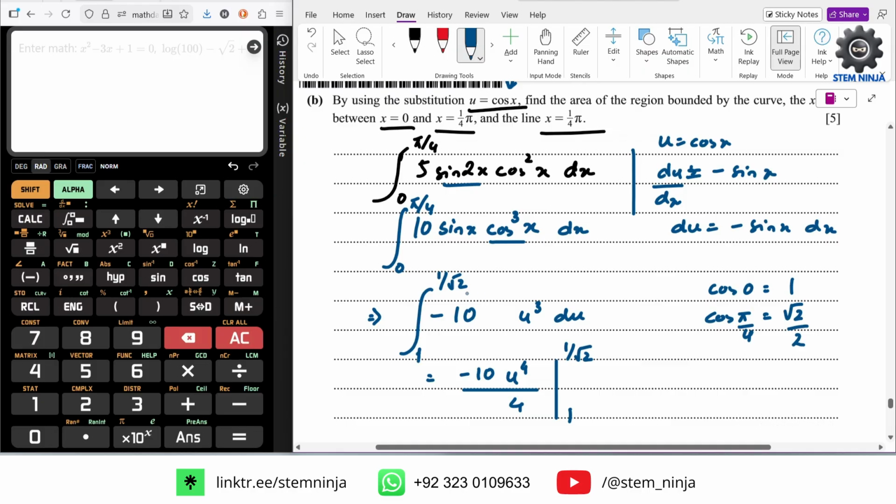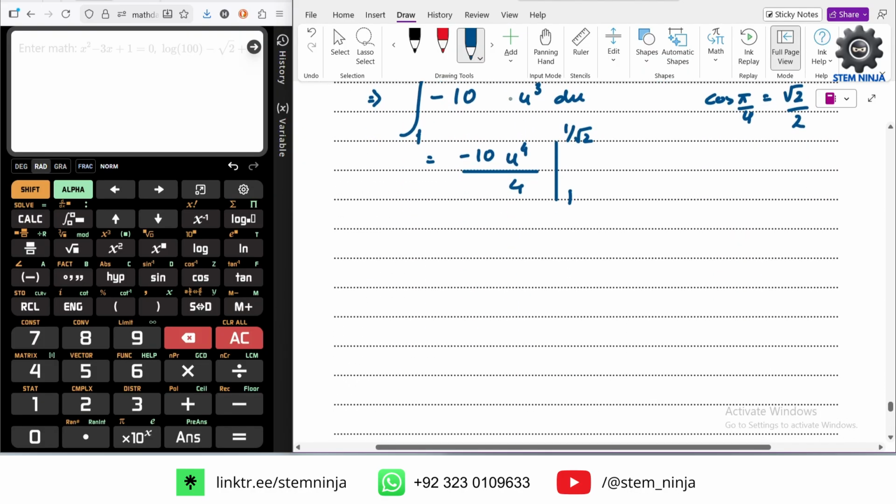Now that we plug in the limits, 10 over 4 is minus 5 over 2. This is a common constant. U raised to power 4, so 1 over square root 2, when you do the square, it becomes 1 over 2, and when you raise to power 4, it becomes 1 over 4. So 1 over 4 minus 1.